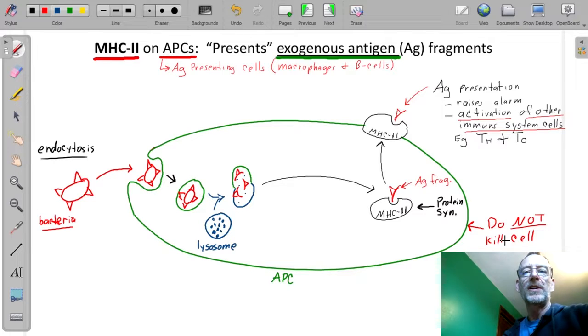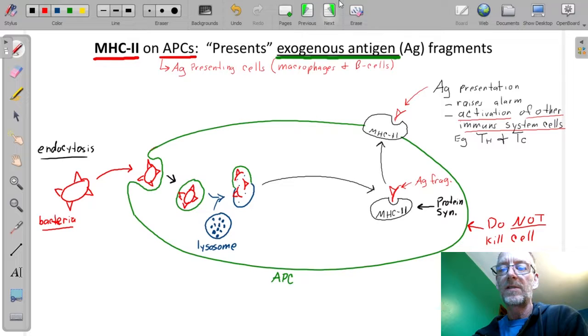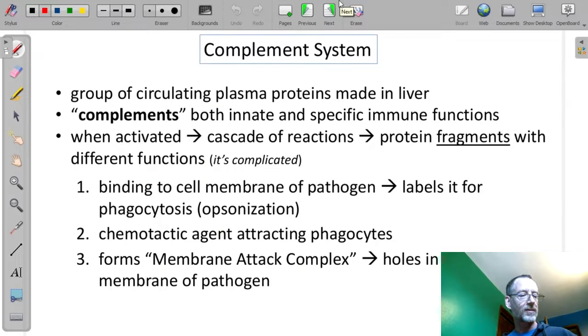Okay, the last piece that I want to go over is just to introduce you to the complement system. And as I mentioned before, it doesn't seem to really fit any other place. It's somewhat independent, although it's all working together. It's been studied, I guess, independently as part of a complicated system.